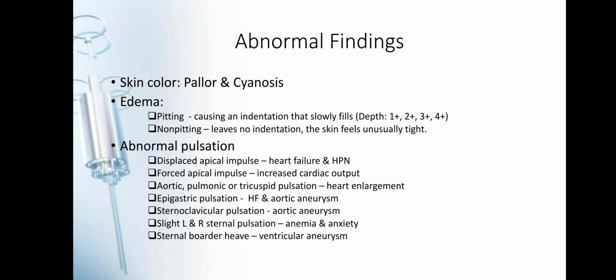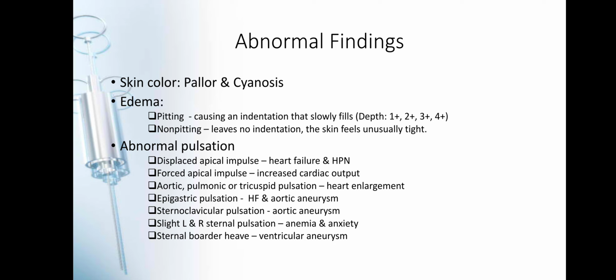Forced apical impulse, increased yung cardiac output. Di ba, the times na we do so much activity, masyadong mabilis yung pagtibok ng ating puso at masyadong malakas, pwedeng magkaroon ng sobrang lakas na impulse. So, it can be caused by increased cardiac output na dumadaloy.